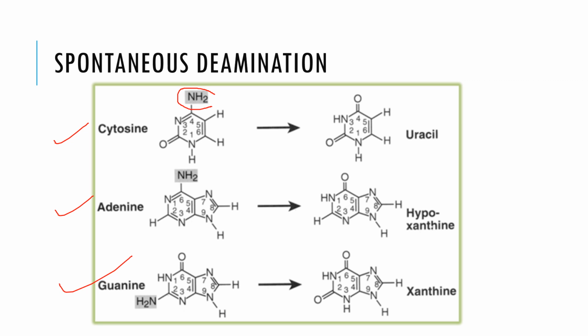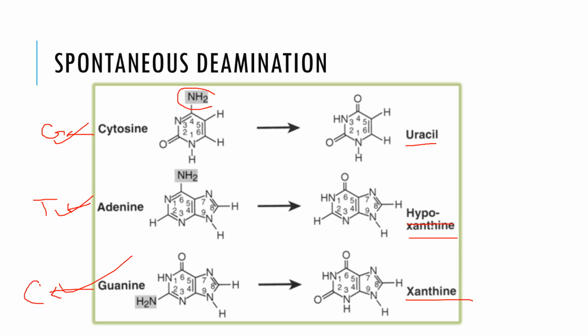If the amino group is removed, cytosine will convert into uracil, adenine is converted into hypoxanthine, and guanine is converted into xanthine. Now because of the change in structure, the affinity of bonding will also change. Originally, cytosine forms a bond with guanine, adenine forms a bond with thymine, and guanine forms a bond with cytosine.